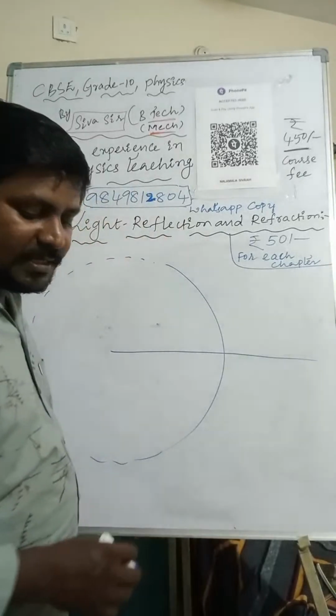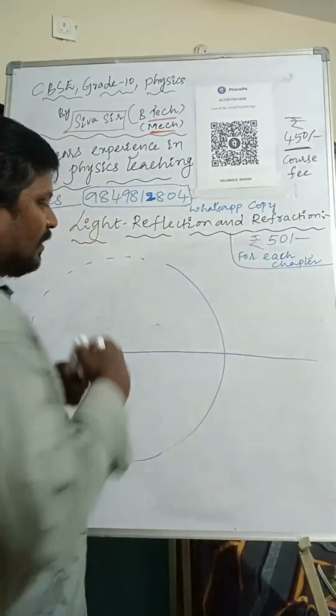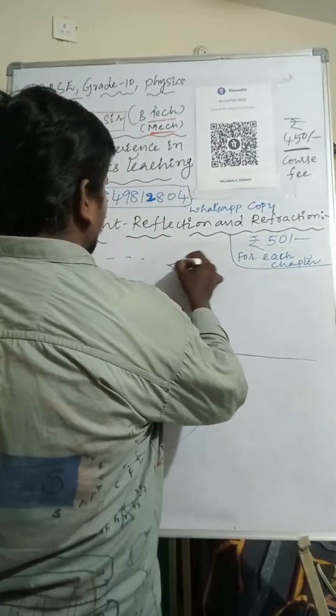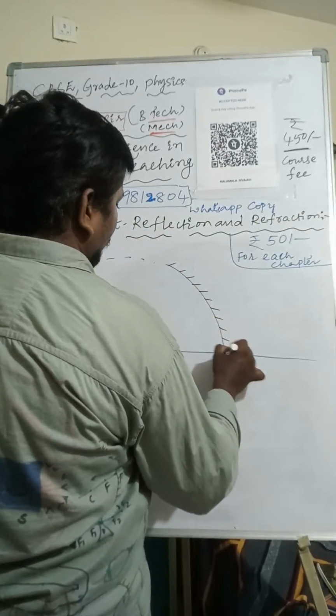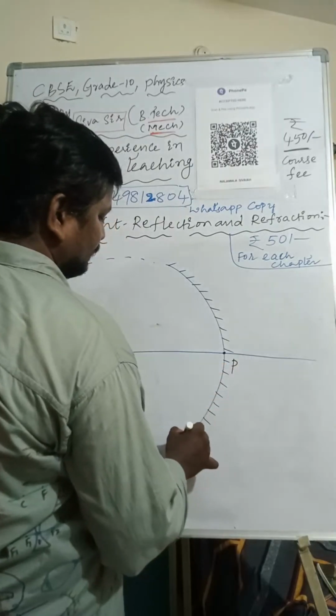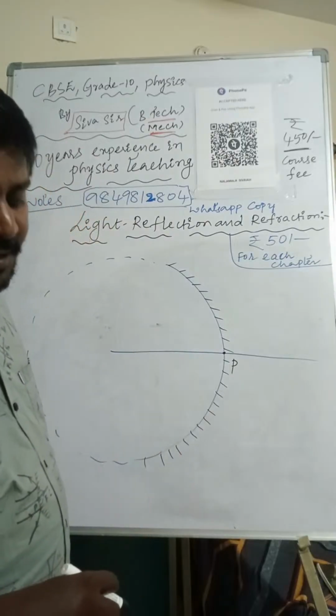The middle point is the pole. So pole, focus and center of curvature.